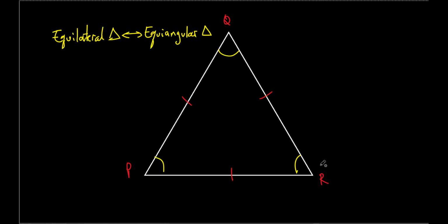I'm not going to redraw the triangle, but what if they told me that angles P, Q, and R were equal to each other? What would be true about the sides? The sides must be equal. Okay? So if it's equilateral, then it's equiangular. Or you could go the other way. If it's equiangular, then it must also be equilateral. Okay?